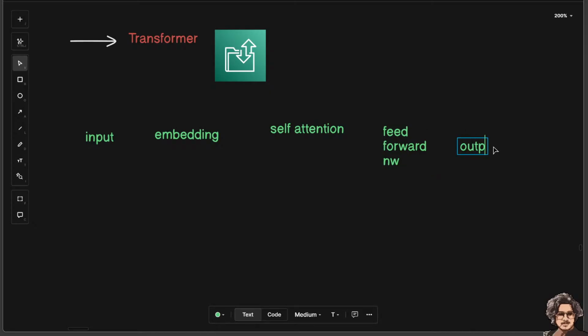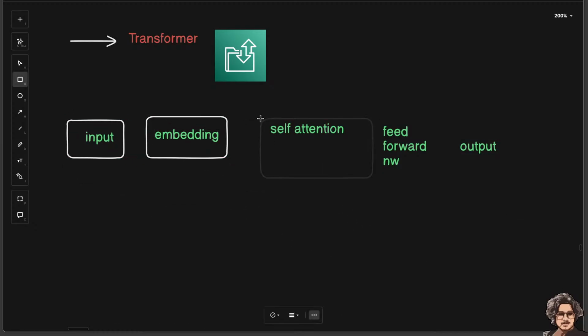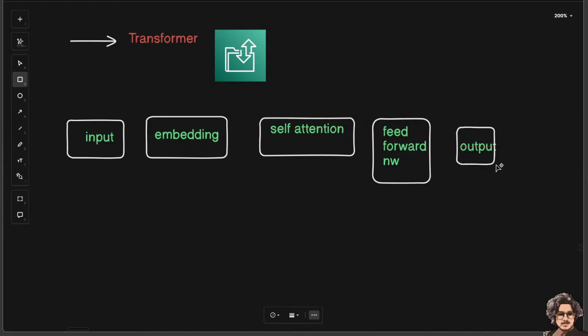So we provide the input, it gets embedded, then it goes through self-attention and the feed-forward network, and then we generate the output. These are all connected.